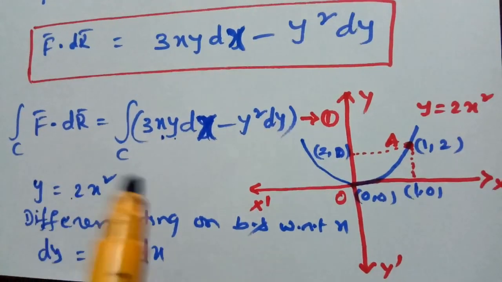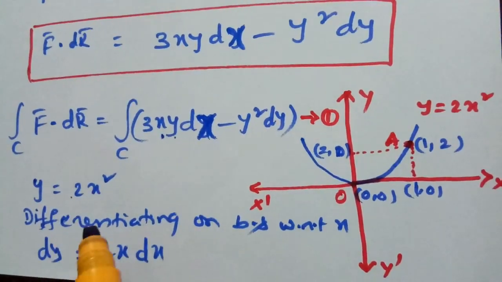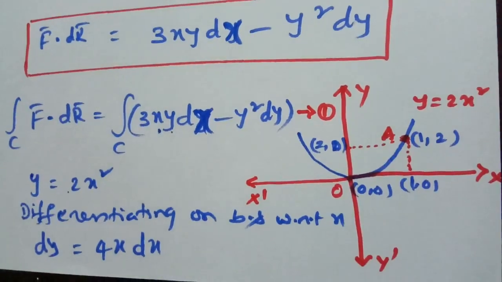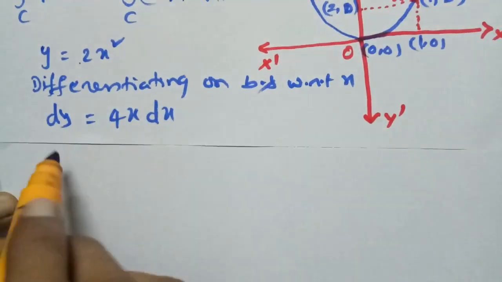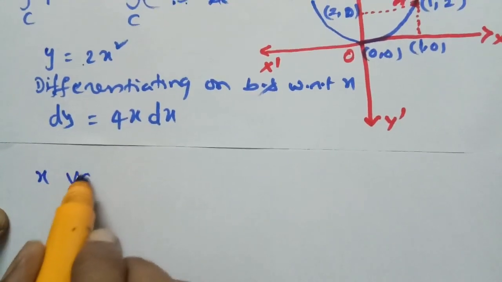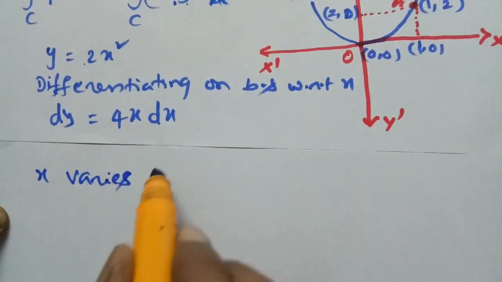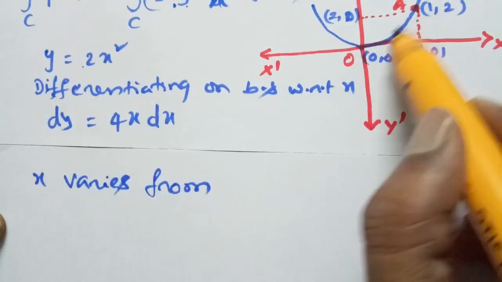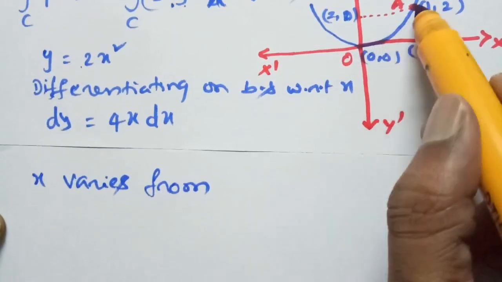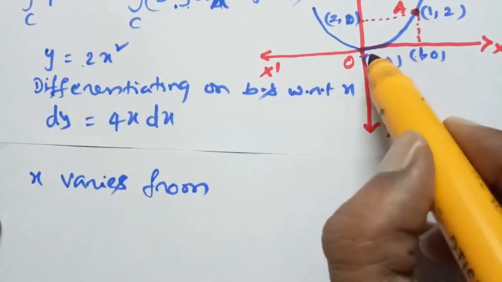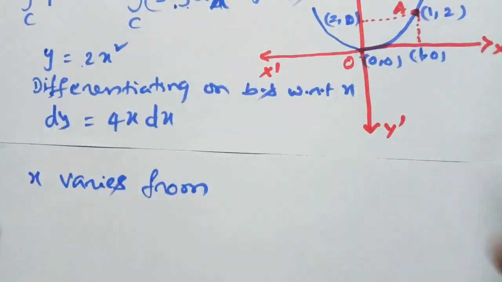As per your convenience, you can use any one of the substitutions. Here, along OA, x varies from 0 to 1.